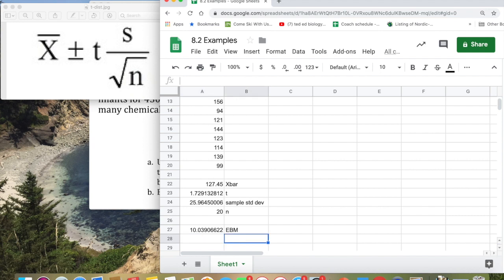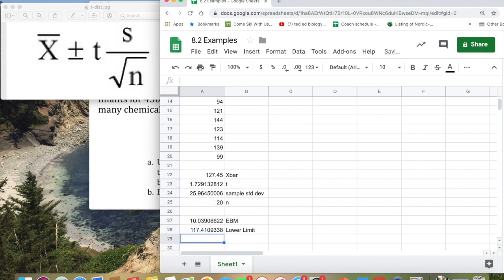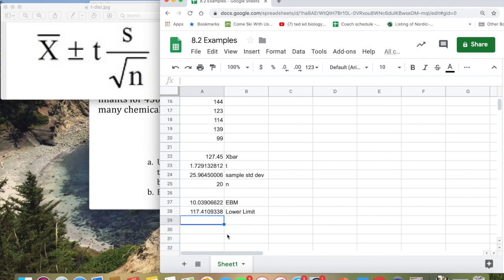Now, if we want to find the lower limit of our confidence interval, it will be equal to x bar minus the error-bound margin. So the lower limit of the confidence interval is 117.41, and the upper limit is equal to x bar plus the error-bound margin, which is 137.49.